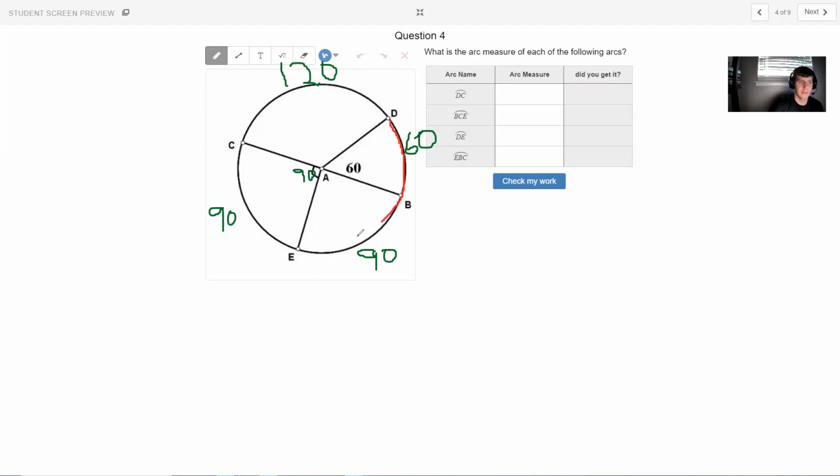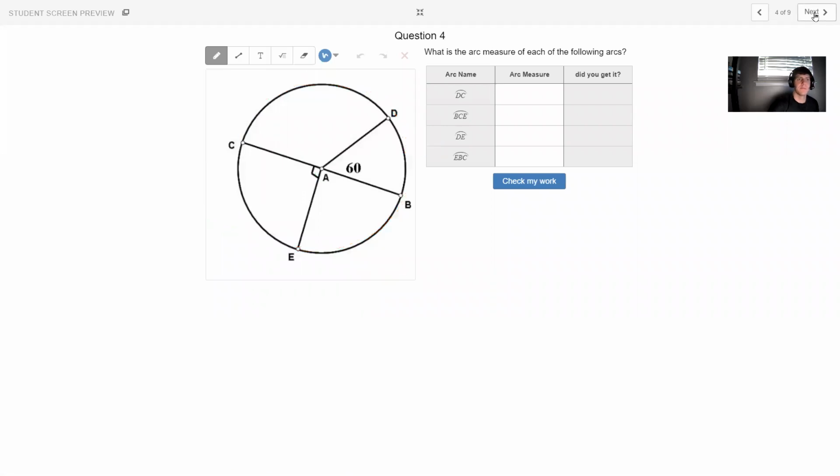DE, it's a minor arc DE, so it's a short way around. So 60 plus 90 is 150. And then E through B all the way around to C is 90 plus 60 plus 120 is 270. Okay.